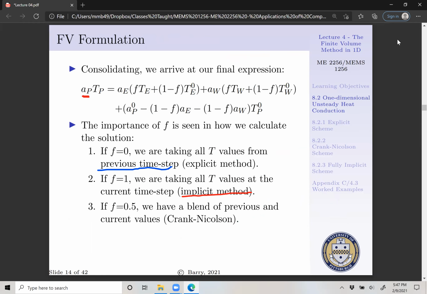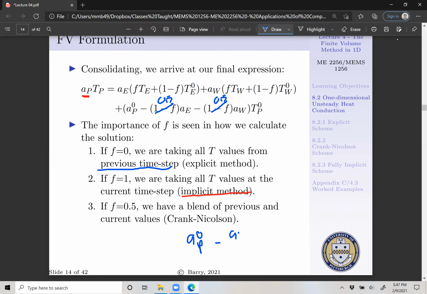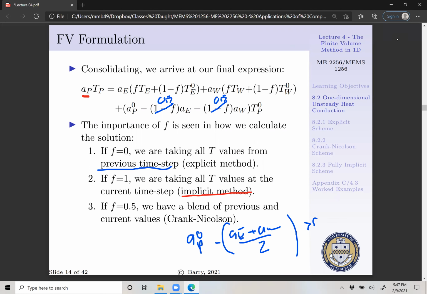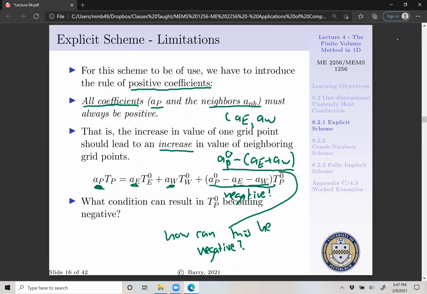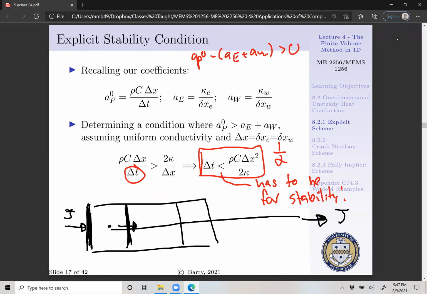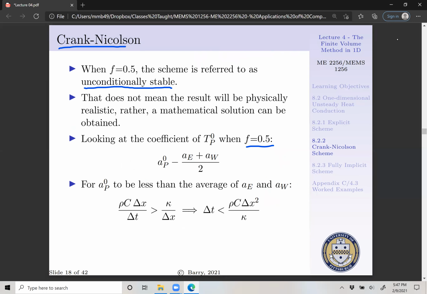That is the quantity that's leading TP naught, and we want this to be greater than 0.